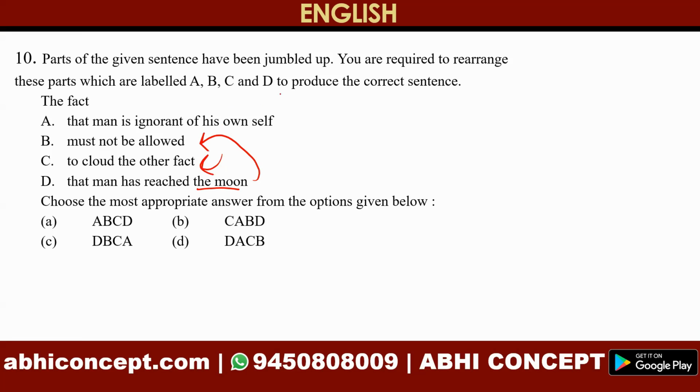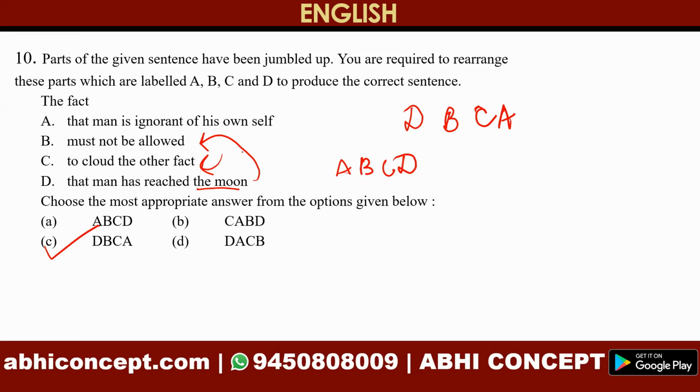Okay, so we will see whether we have D, B, C, A in the option. We do have it. Okay, the fact that man is ignorant of his own self, A, must not be allowed to cloud the fact that man has reached the moon.